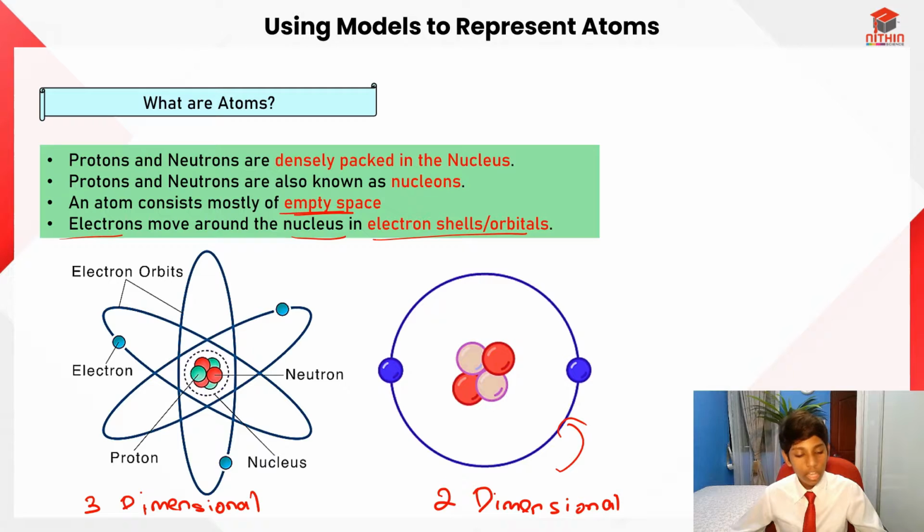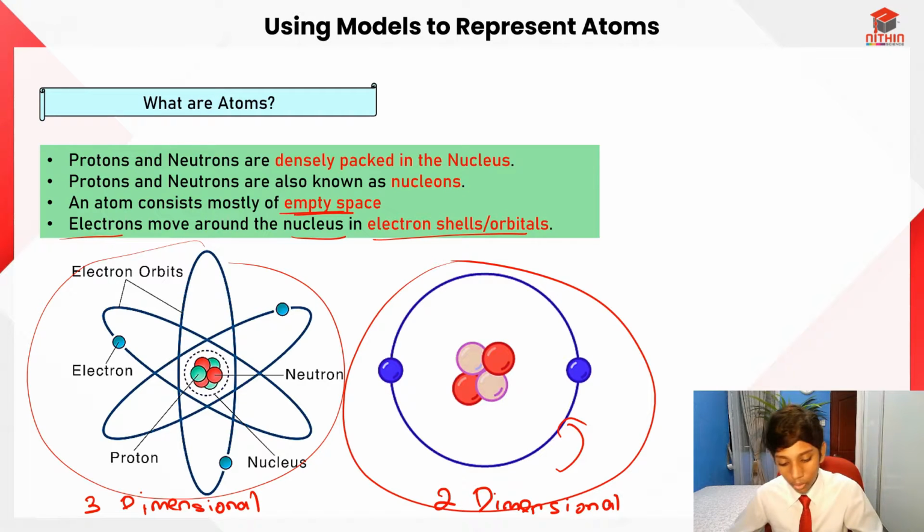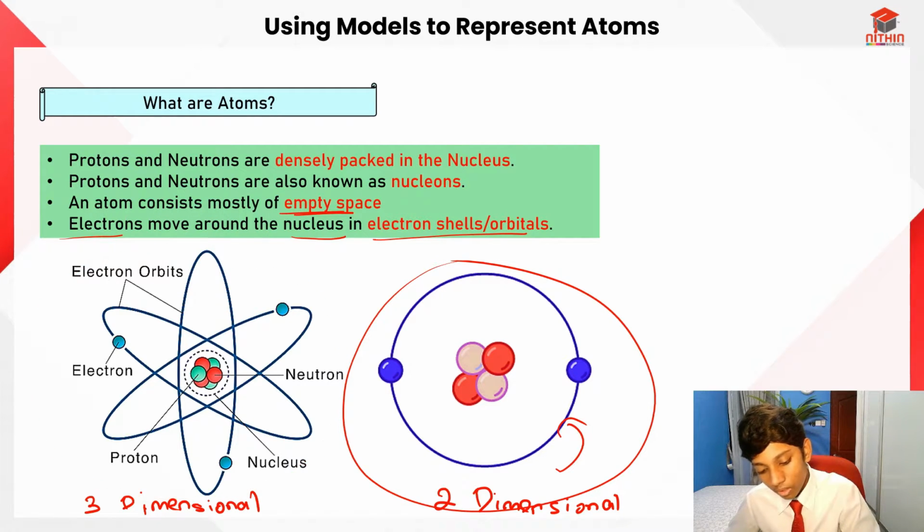This is the kind of drawing we use to represent atoms in our exam papers. The teachers might ask you to draw an atom, and we will draw it in a two-dimensional figure instead of a three-dimensional figure. The two-dimensional figure is important that you need to know, and the three-dimensional figure is just for you to learn right now. So let's move on.